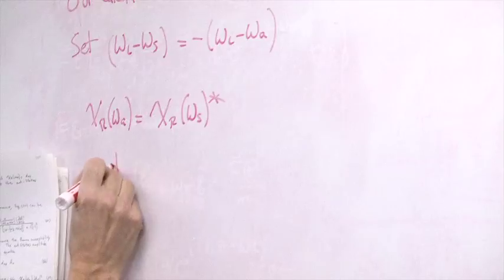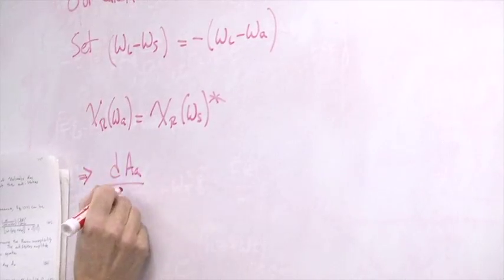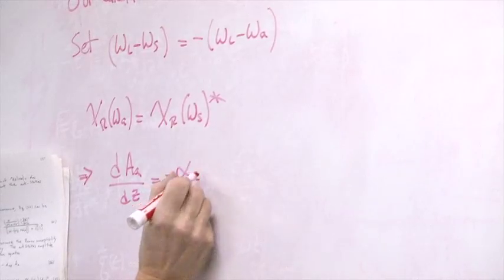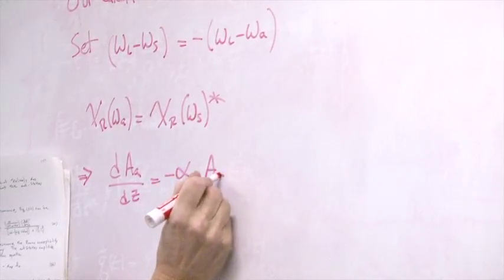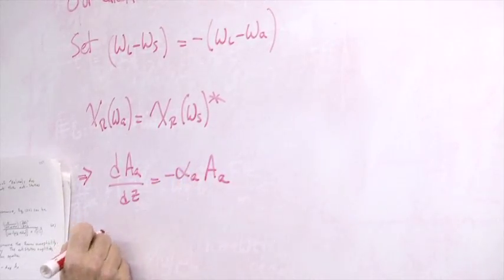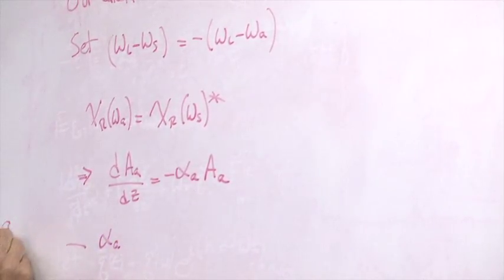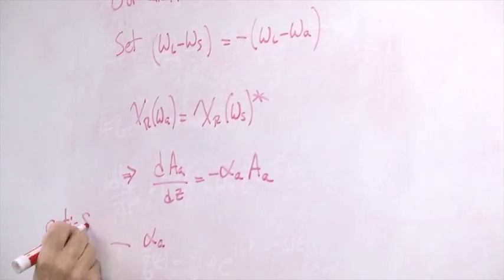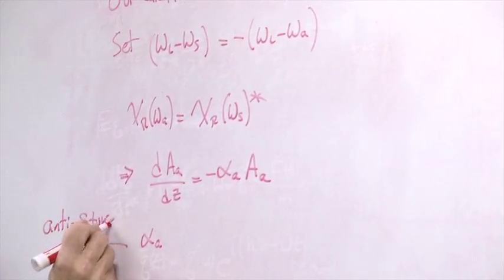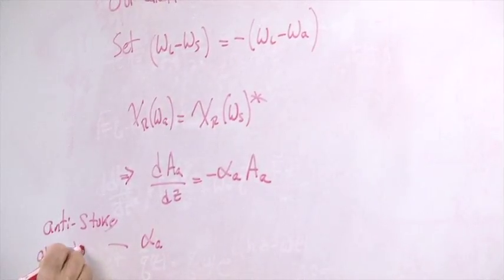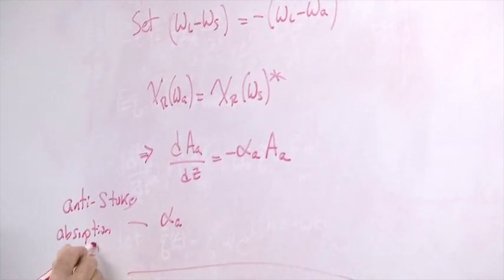And this means that dA_A/dz I can write as minus alpha_A times A_A, where alpha_A is now the anti-Stokes absorption coefficient.